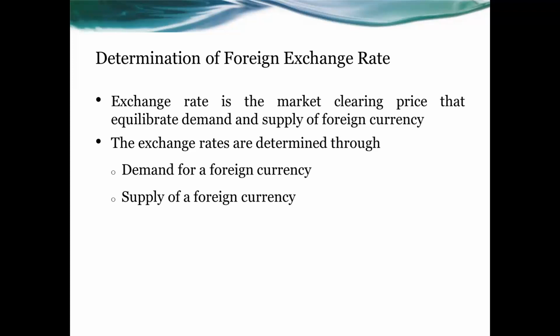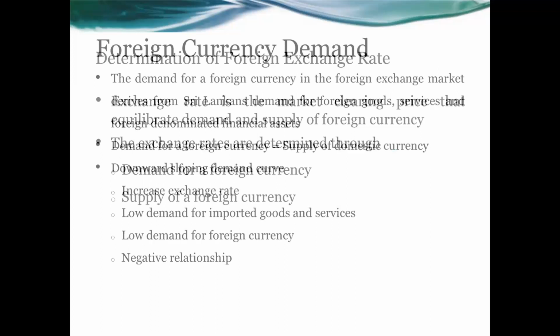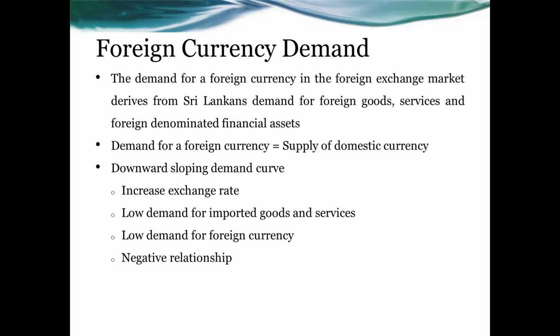So the exchange rates are determined based on demand for a foreign currency and supply for a foreign currency. Okay, so that is the basic concept behind the determinants of foreign exchange rates. Right. Now we know how exchange rates are determined. That means based on the demand and based on the supply of foreign currency.